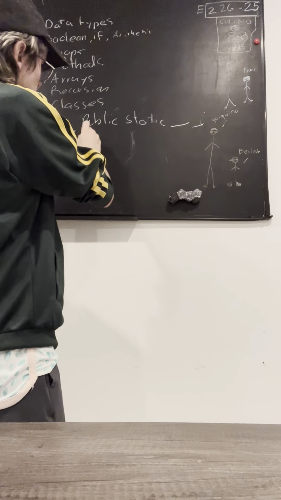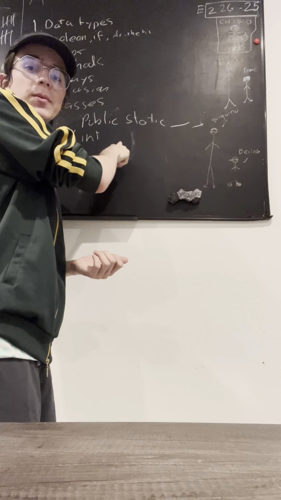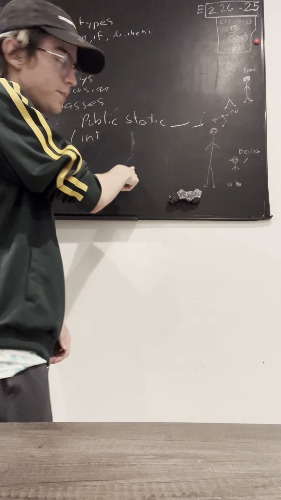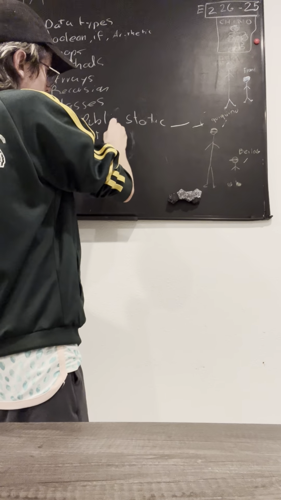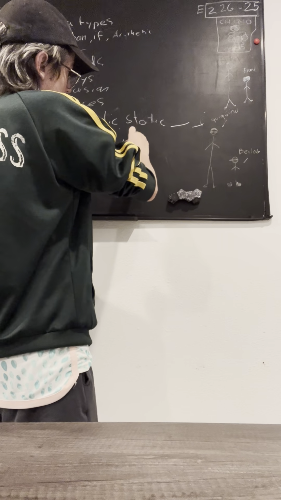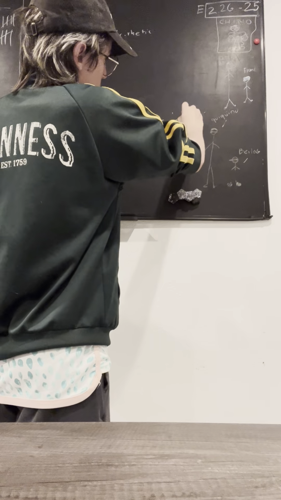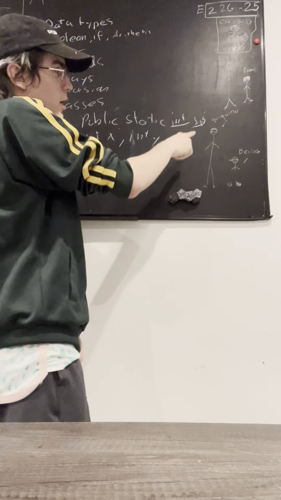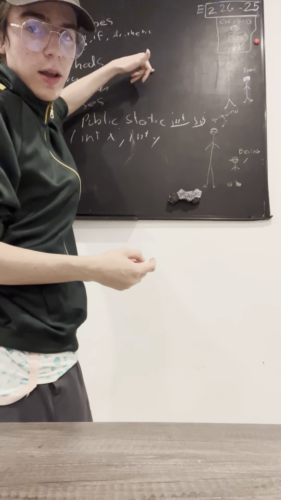You need to put the data type and the name of the variable you're gonna use inside the method. So it's gonna be int x and int y. And then there's gonna be int here and sum here. That's it. Is the data type we're gonna return, and the name of the method that we're gonna call in the main method.